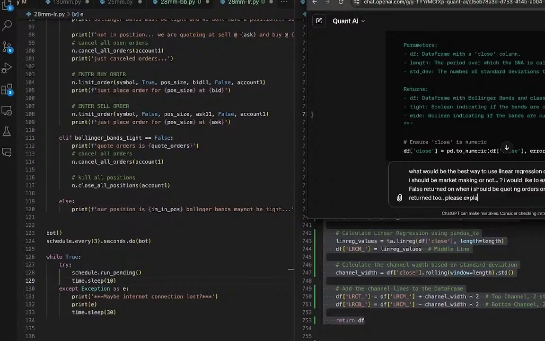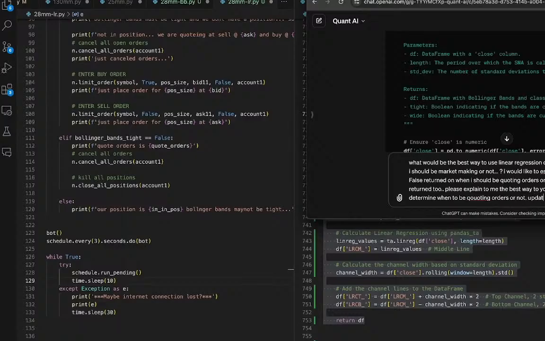Please explain to me the best way to use linear regression to determine when to be quoting orders or not.